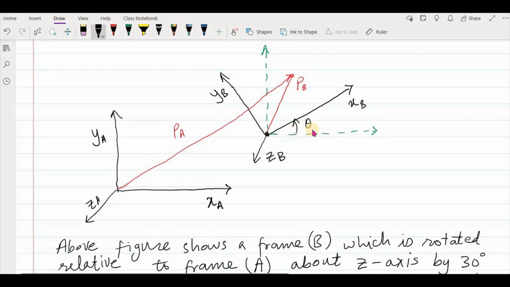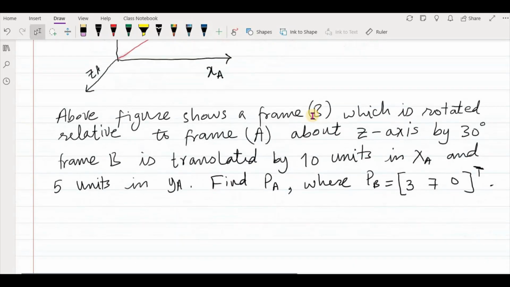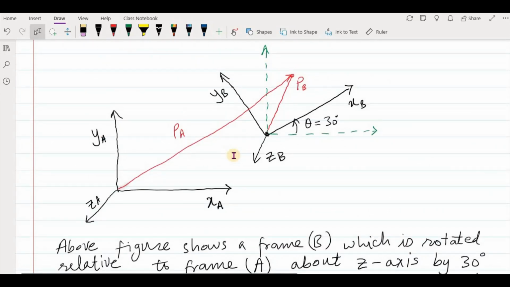Let me write it here, 30 degrees. And also you're given the translation of frame A with respect to frame B. So this is also given here. This value and this value, they both are given.